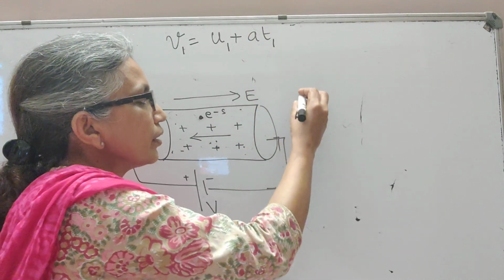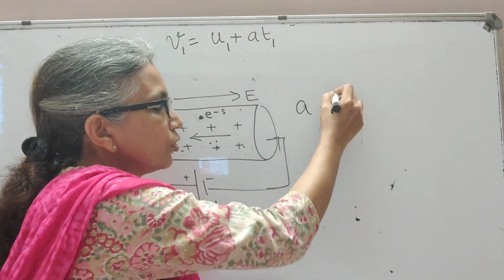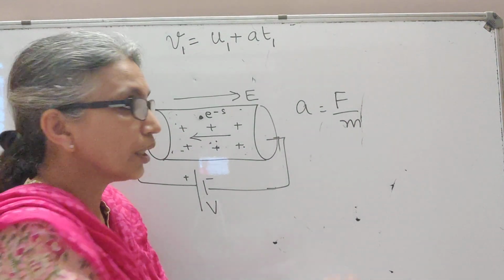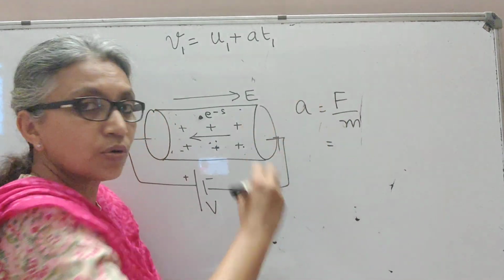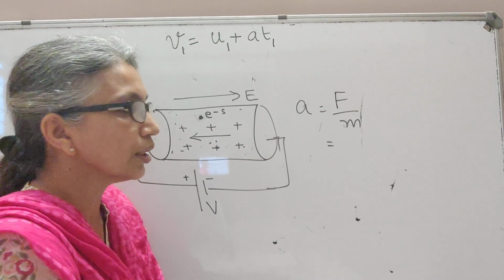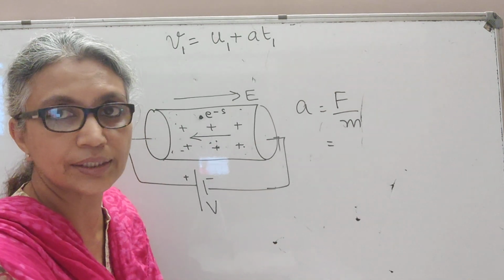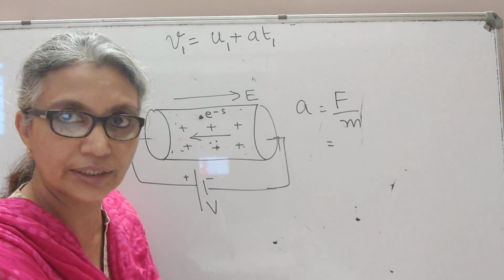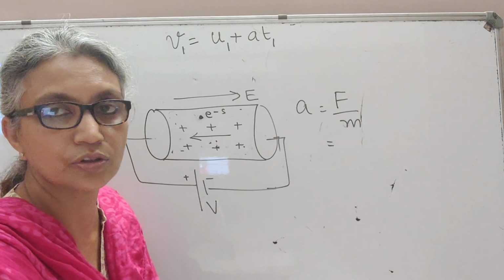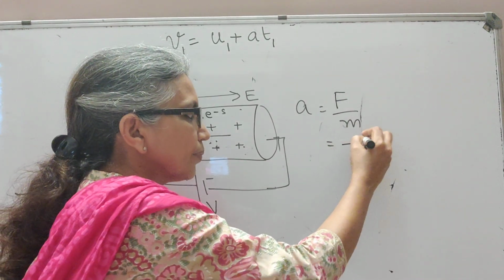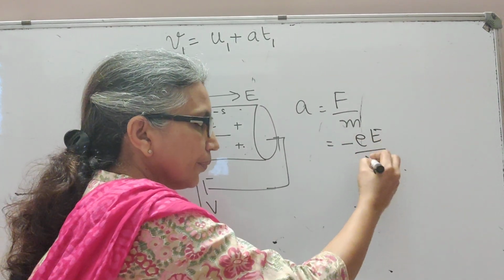Now here, acceleration A, as you know, is F by m from the equation F equal to ma. This F is the electrostatic force experienced by the electron given by the equation QE. But you remember I replaced Q with minus e because charge on an electron is negative and its magnitude is 1.6 into 10 raised to minus 19. So we have this as minus eE by m.